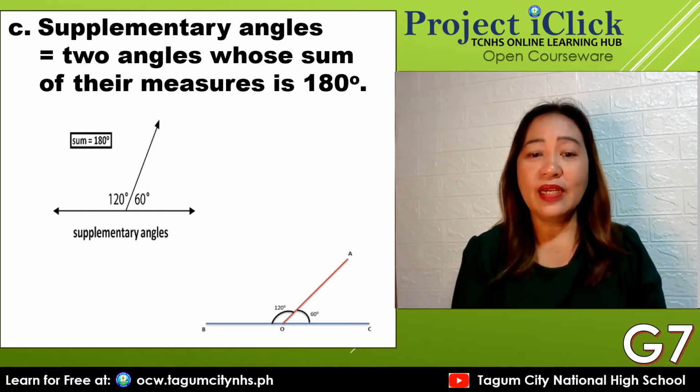Angle AOC measures 60 degrees, and angle AOB measures 120 degrees. If you add the measures of their angles, that is equal to 180 degrees. Therefore, angle BOA and angle COA are said to be supplementary angles.